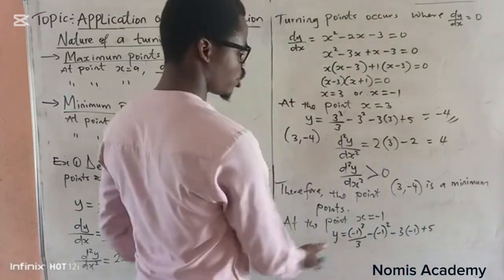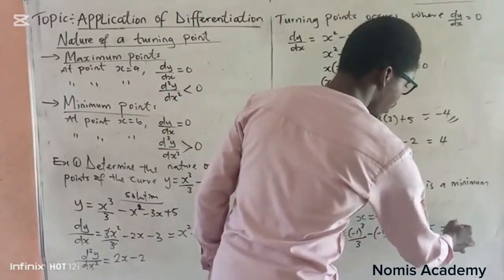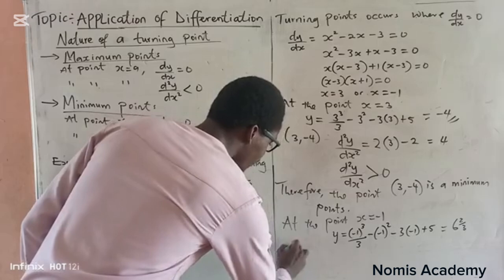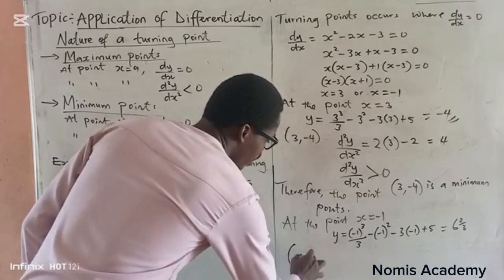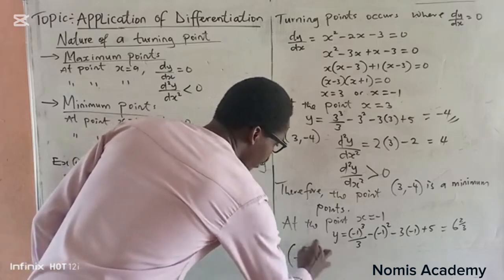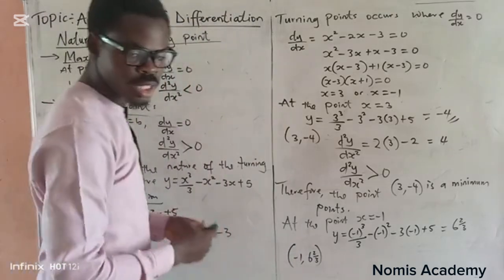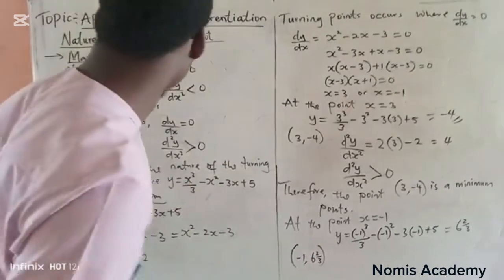When you simplify it, you have 6 and 2 over 3. So we have the point minus 1 comma 6 and 2 over 3. This is the second point. We want to find out the nature of this point. Let's go to the other side of the board.